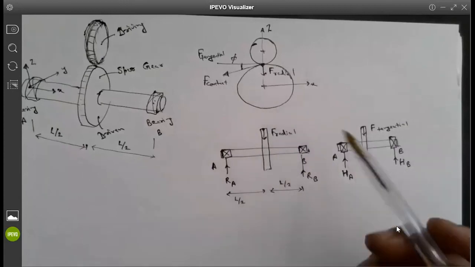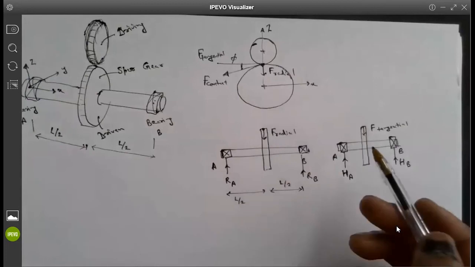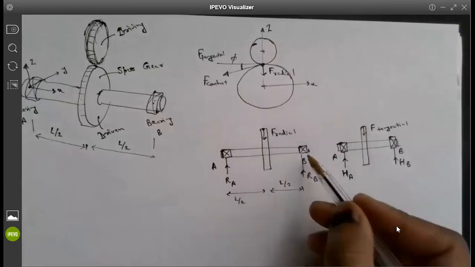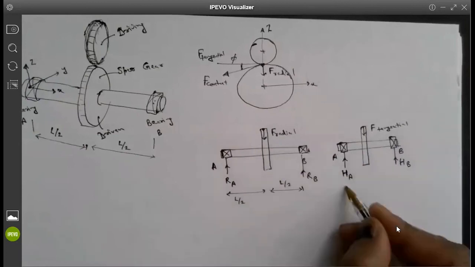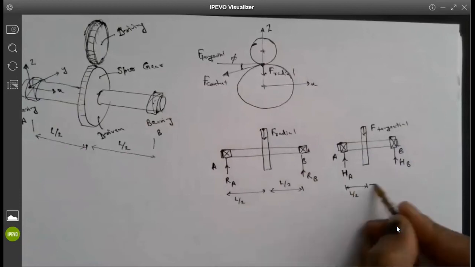Because if you understand what needs to be done, it is simply straightforward: simply supported beams, radial forces, tangential forces, you know how to compute the reaction. So everything you know how to do. I'm just asking you to focus on the methodology, how the system works there.